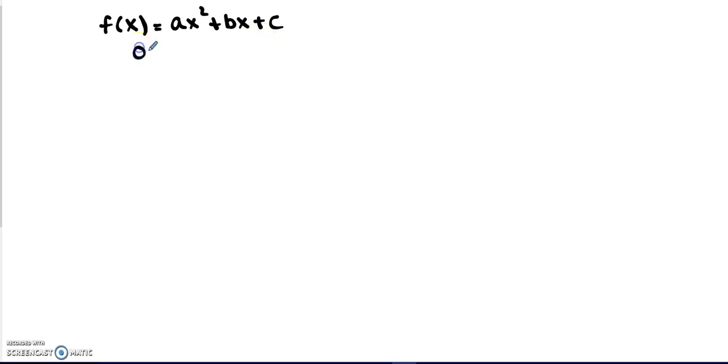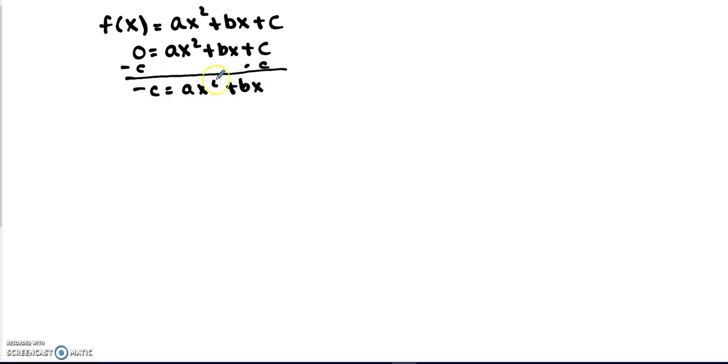So I'm going to set it equal to 0. So ax squared plus bx plus c is all equal to 0. And we'll do the same steps we always do. Constants on one side, variables on the other. So we have negative c equals ax squared plus bx.